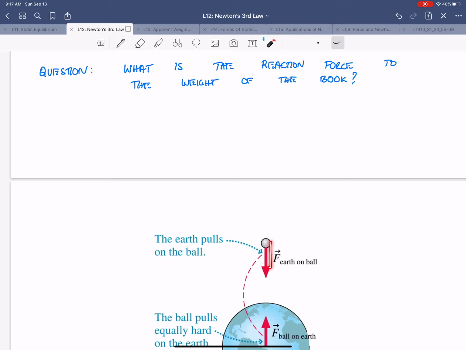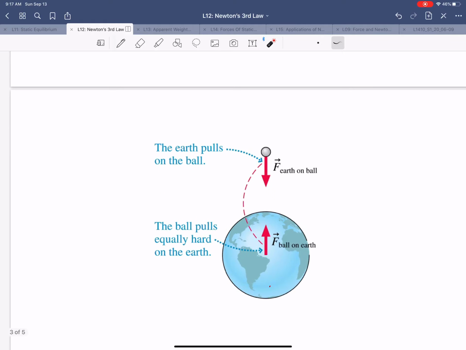And Newton's third law says that if the earth exerts a force on the object pulling it down, then the object, in this case the ball, exerts an equal and opposite force on the earth, pulling the earth up. So the action-reaction pairs that we are talking about here are in fact these two forces.